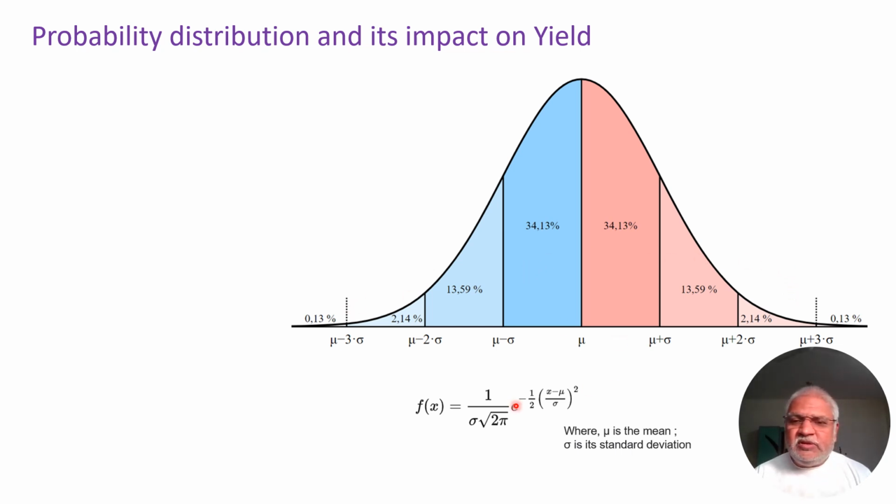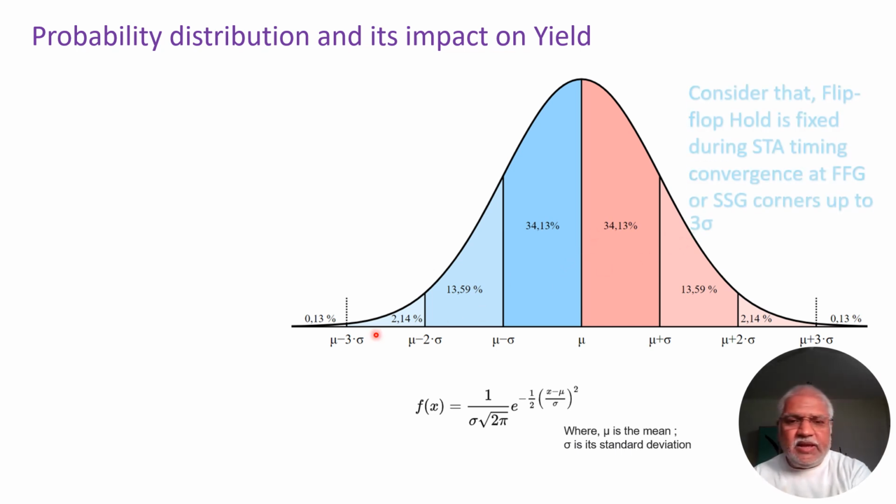If we plot this distribution, f(x) is on this axis and x on this axis, with the mean here. If this is a Gaussian distribution, the values will be 34.13% from the mean to 1 sigma, and likewise on the other side.